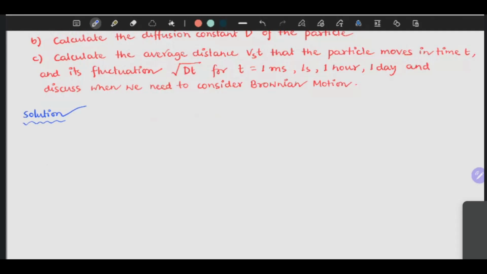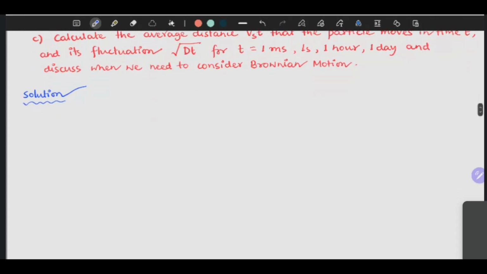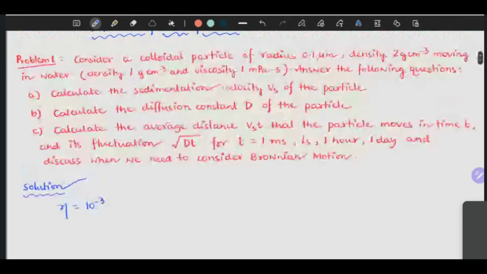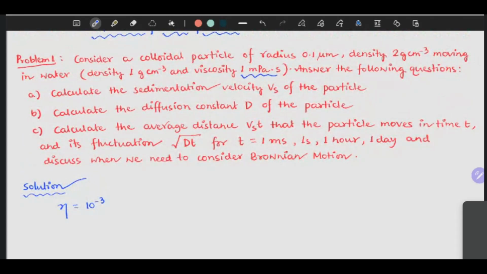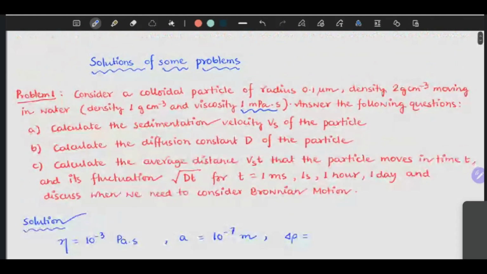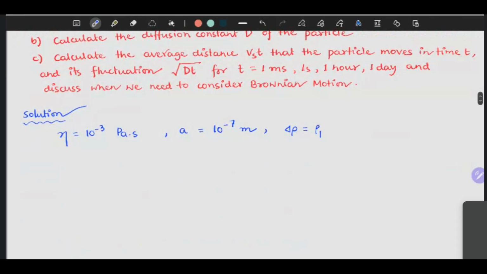Okay, so let me write the properties. Eta is 10 to the power minus 3. 1 millipascal second means 10 to the power minus 3 Pascal second. a is 0.1 micrometer, which means 10 to the power minus 7 meter, and delta rho is the difference between these two, so rho p minus rho w is 1 gram per centimeter cube.